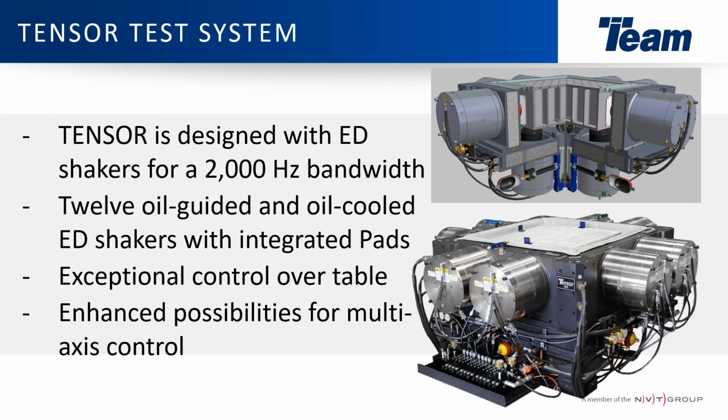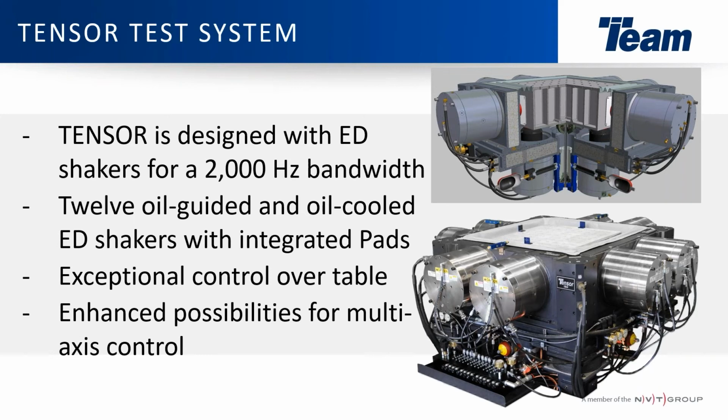By doing this with 12 different shakers connected to the table, we can use those shakers to control the table mode shapes and increase control out to 2,000 hertz. And that's pretty neat for a multi-axis shaker system.